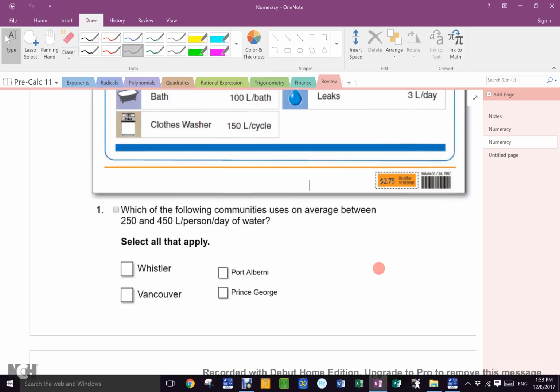All right, let's go. What's the answer to number 1? Whistler and Port Alberni. Yay! How many people got 1 out of 1? I did. Where's my medal? Gold star.